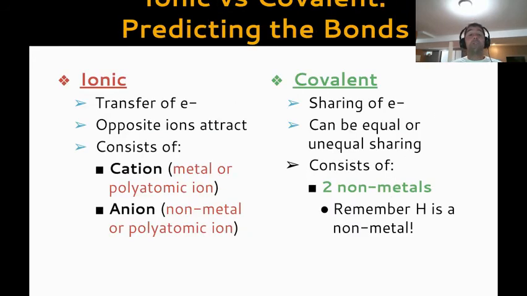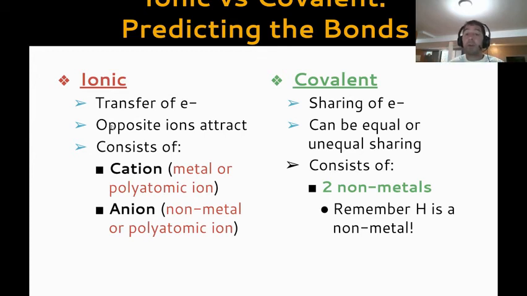Now, differences between ionic and covalent. We already touched on this, but ionic bonds transfer electrons. Covalent bonds share electrons. In an ionic bond, the force that makes the atoms stay together is that the opposite charges attract each other.